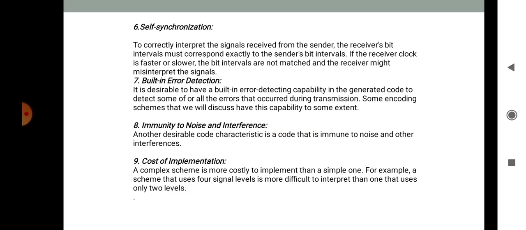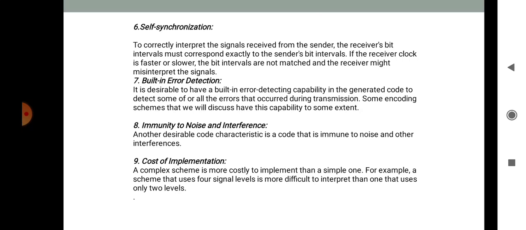Then self synchronization. To correctly interpret the signal received from the sender, the receiver's bit intervals must correspond exactly to the sender's bit intervals. If the receiver clock is faster or slower, the bit intervals are not matched and the receiver might misinterpret the signals.